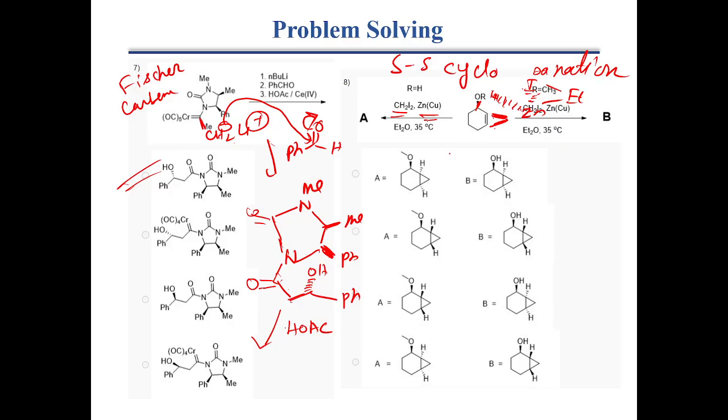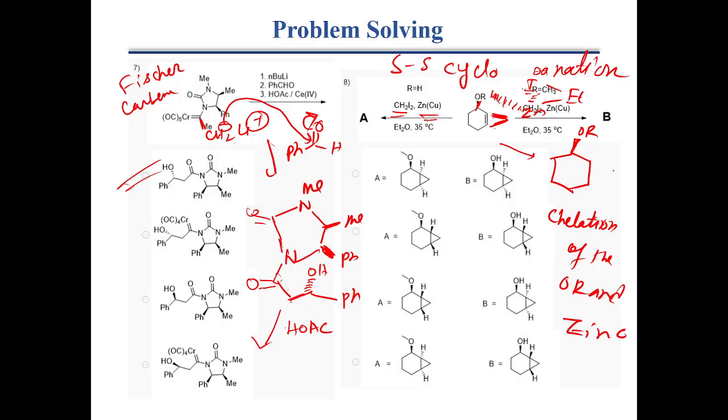If cyclopropanation occurs from the beta, the hydrogen will be alpha. So this is due to the chelation of the oxygen and zinc. So the cyclopropane is on the upside and the hydrogen goes to the downside, right?